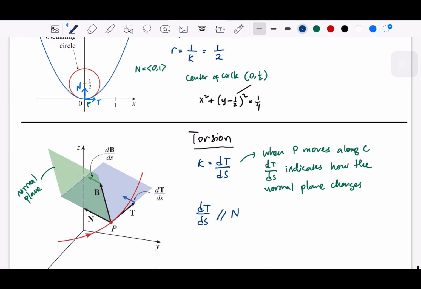So when we move the point P, the tangent vector also rotates, right, with the direction of the normal, right? Okay.